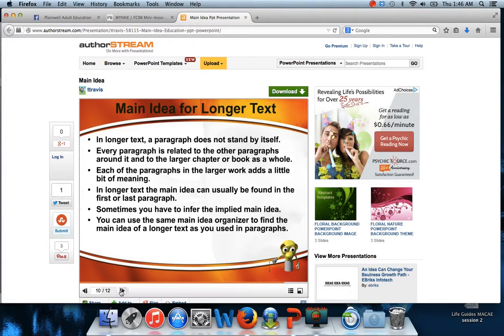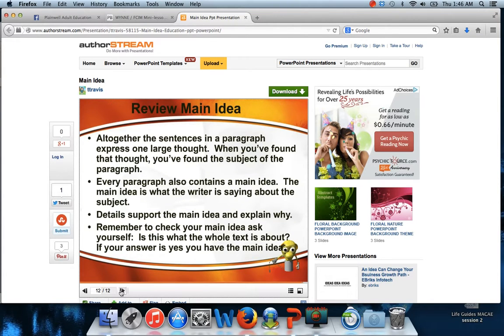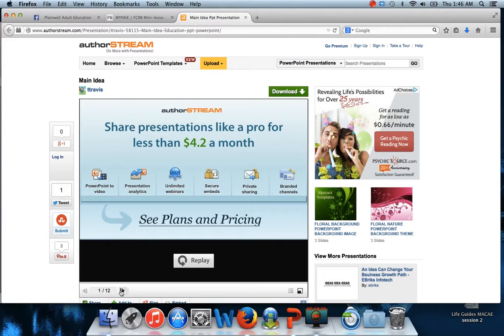For a longer text, a paragraph is not going to be standing by itself. You're going to have to find the main idea of all of those paragraphs. We're going to skip this piece because this goes into different things.